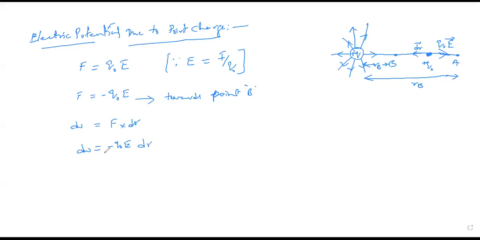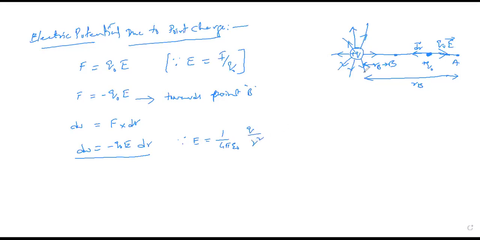Now, already here we got this, but here I'm going to write, since E is with respect to a point charge. What is the electric field intensity due to a point charge? Already we know that it is 1 by 4 pi epsilon naught into Q by R square.